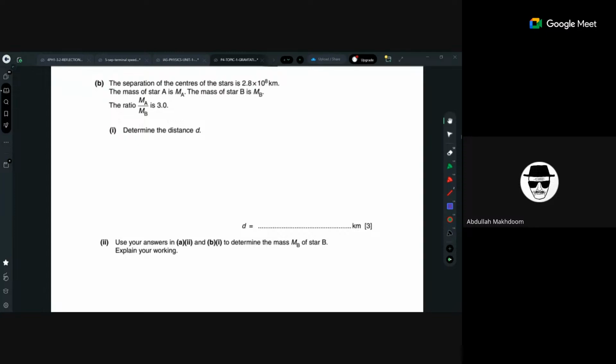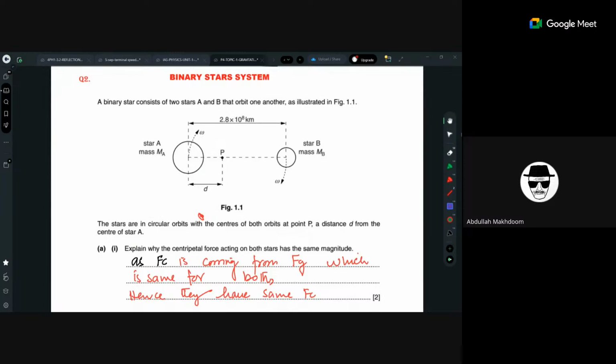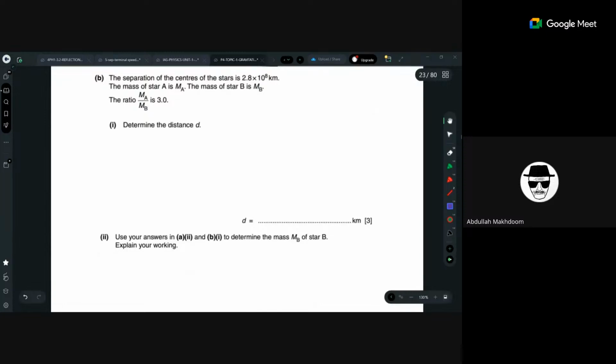So can you go up? Which one is MA? Which one is MB? This, like in the diagram. Okay. 3D.